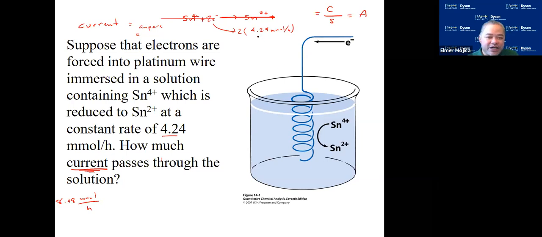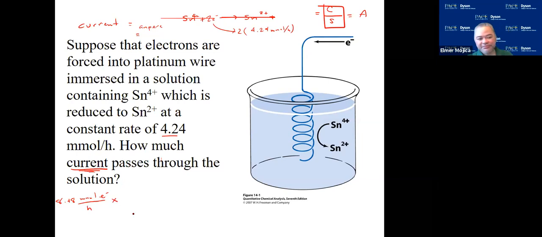So what do we have now? We have the number of moles of the electron. So what do we need to do with this? This is the amount of electrons per hour. If it's a current, we need it to end with this unit. So what's the next thing that we can do here?